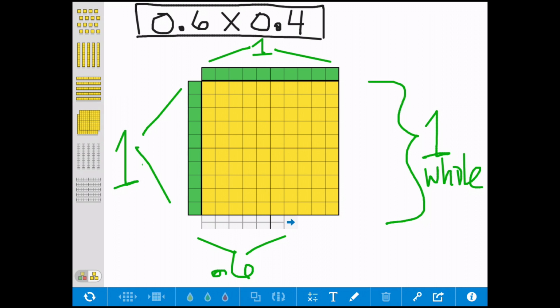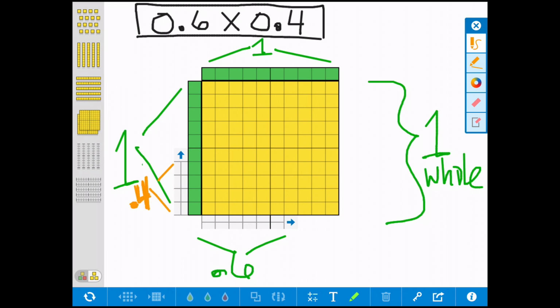And in the same fashion, I want to have my 4/10 way over here. And then here's my 4/10 right there. All right, so do you see my 4/10? Let's say this is orange. So there is my 4/10.